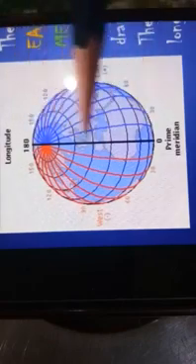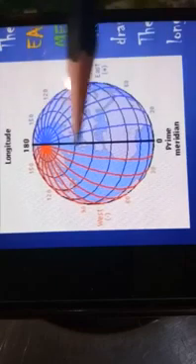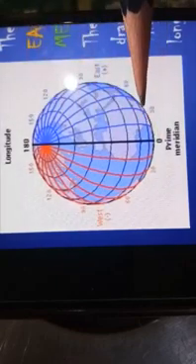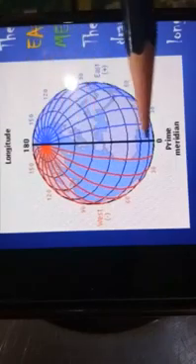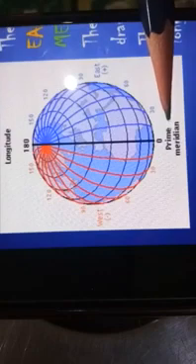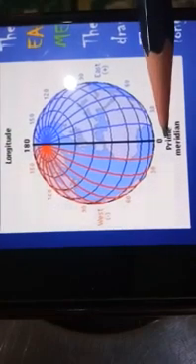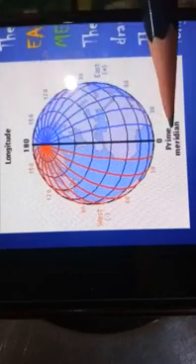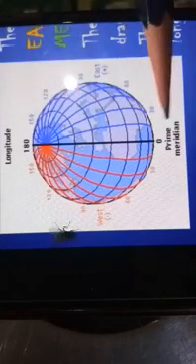This is the prime meridian. It is numbered 0 degree longitude. This prime meridian is also called the Greenwich meridian.